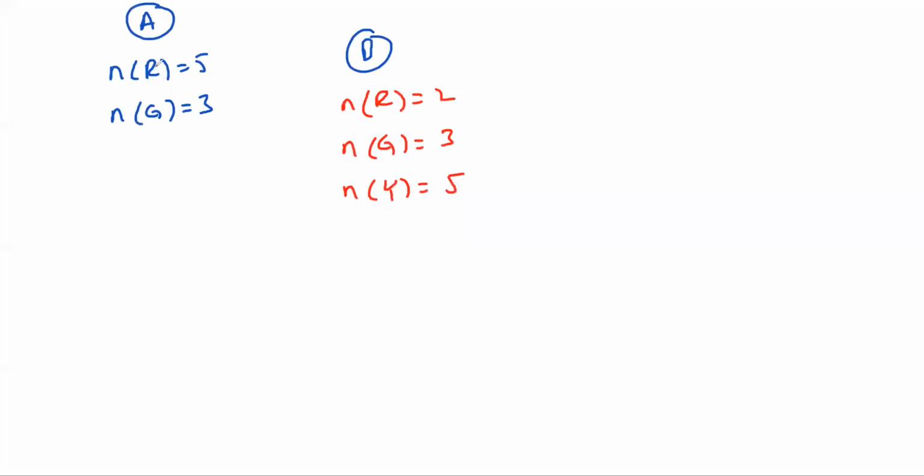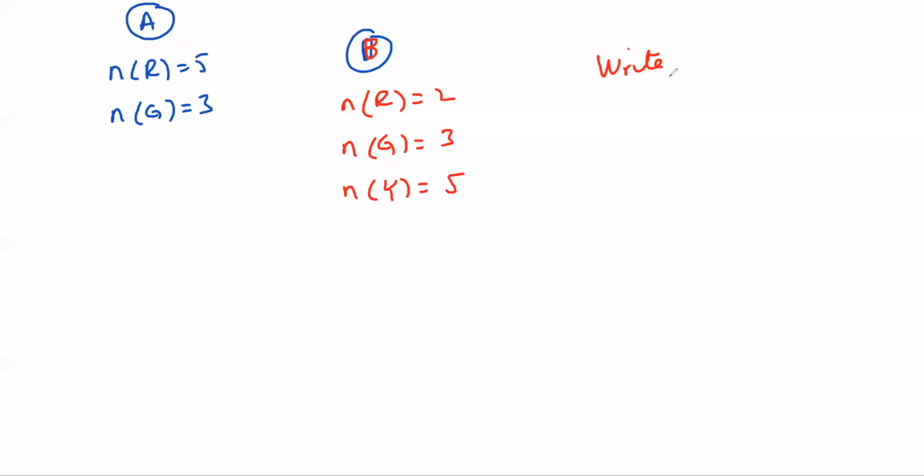You pick a ball from box A and then you pick a ball from box B. Now the question says: write down a probability distribution for the number of red balls.